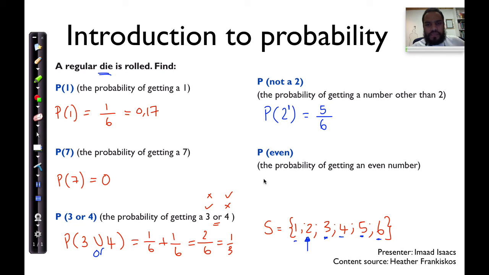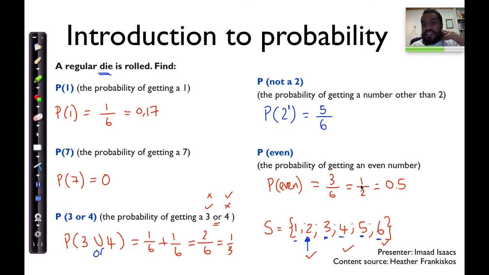And then finally, I know I'm doing all the answers in red. What's the probability of drawing an even number? Well, you know there's 2, there's 4, and there's 6. So it's going to be 3 out of 6, which is essentially 1 out of 2, which, as you know, is also 0.5.